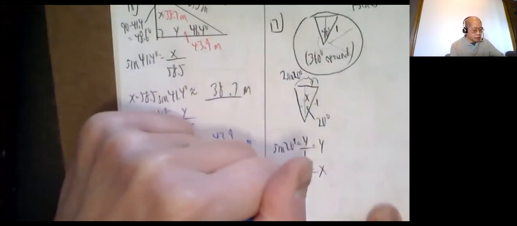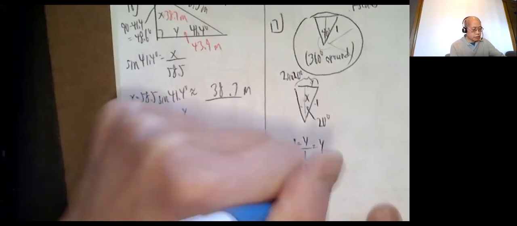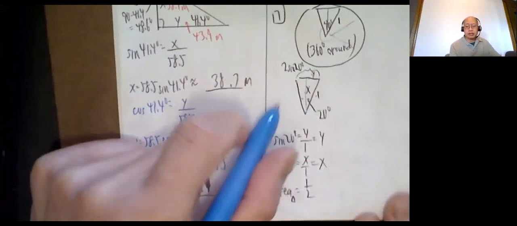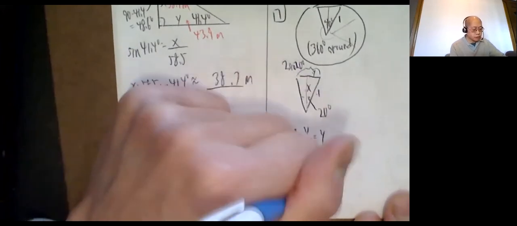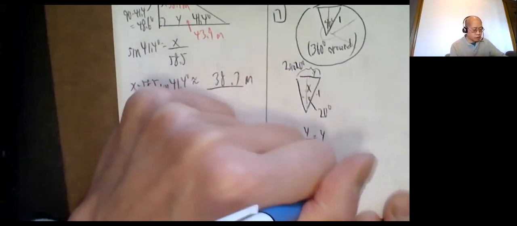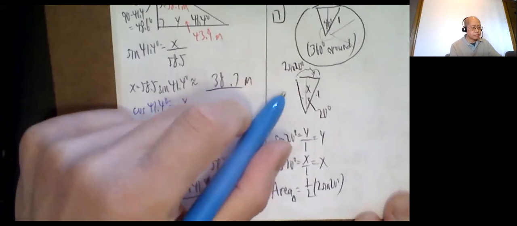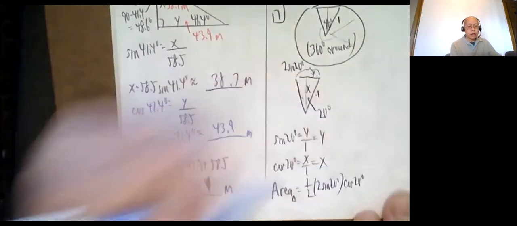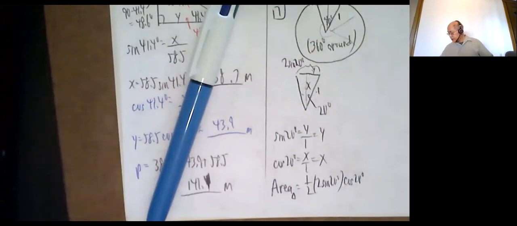So the area of the triangle is 1/2 base times height. The base is 2 sine of 20 degrees times cosine of 20 degrees.